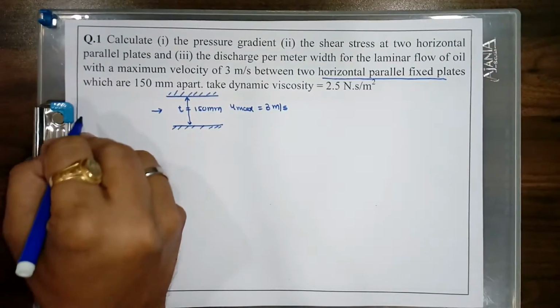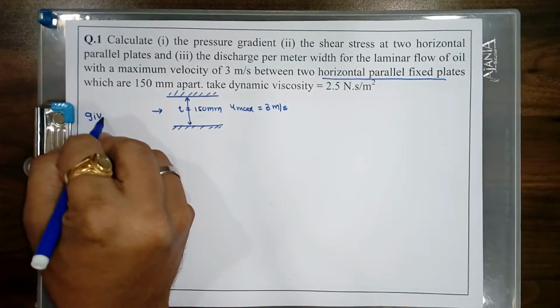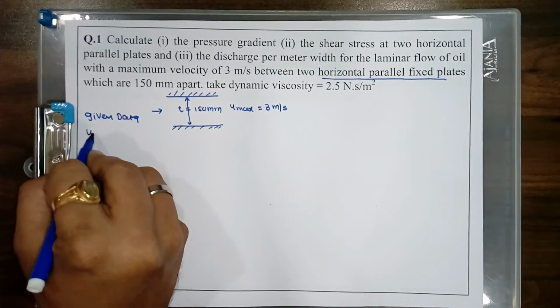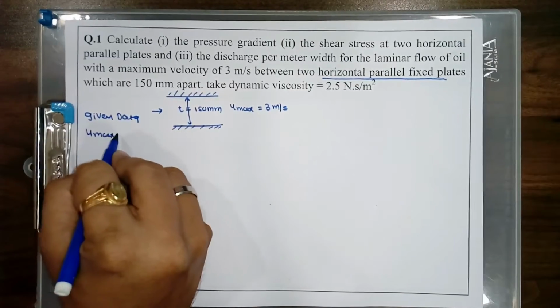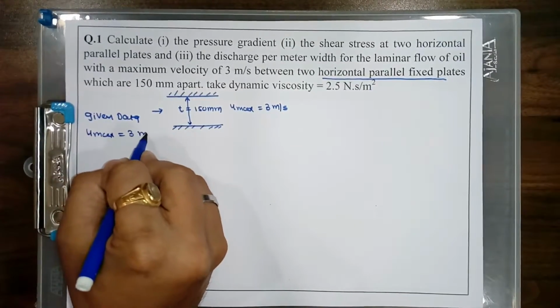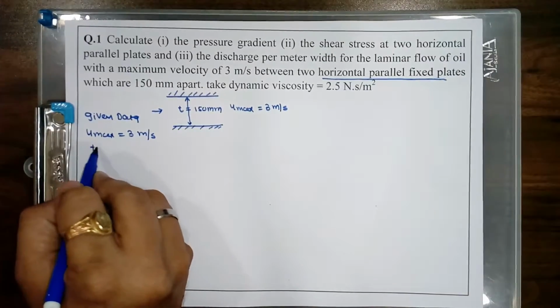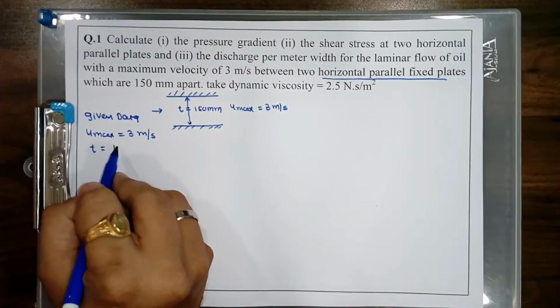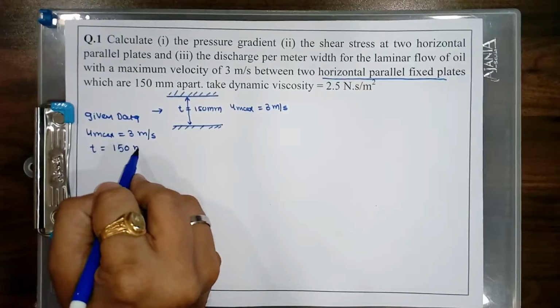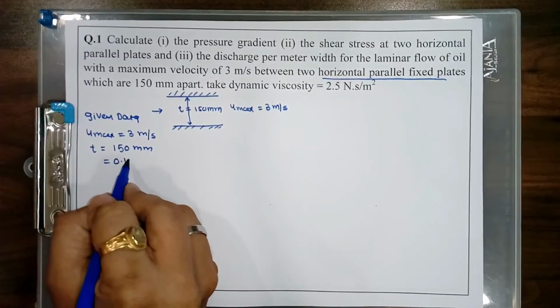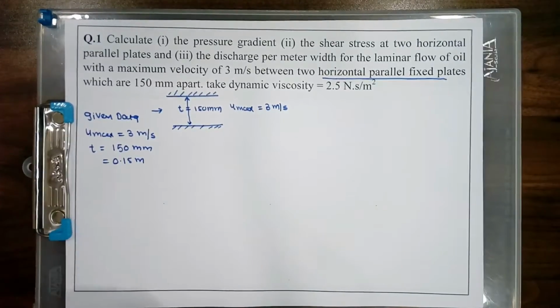So now students, first we write the given data. U max is given, which is equal to 3 meter per second. Then T, that is the distance between the two plates, is given as 150 millimeter, which is equal to 0.15 meter.